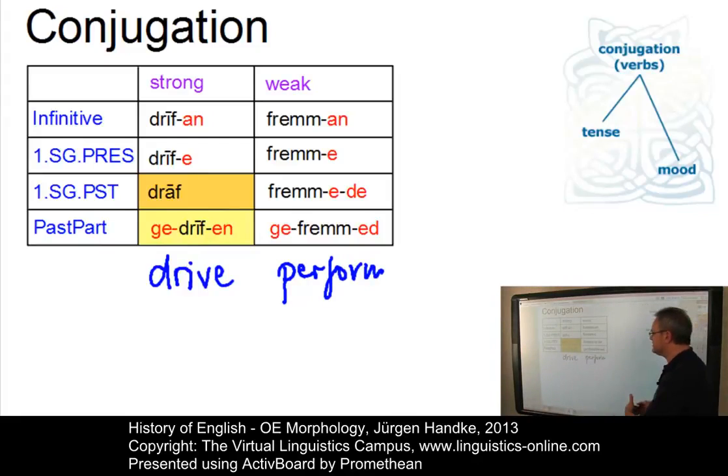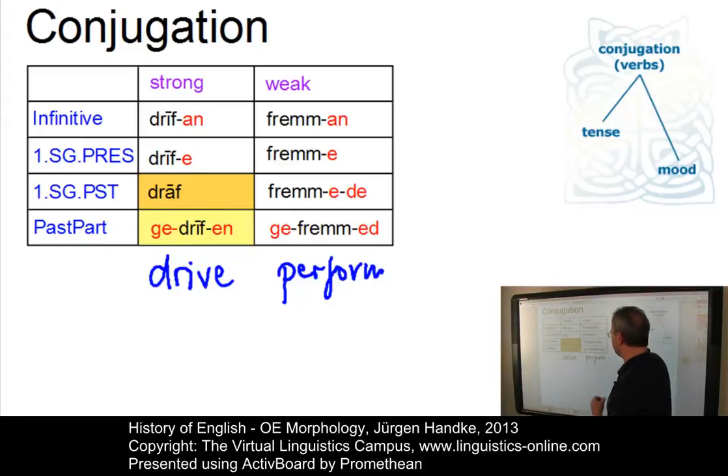Now, in the infinitive and in the first-person singular present tense, both verbs are fully regular and they are inflected by means of the affix an for the infinitive and the affix e in the first person. In the past tense we see the difference.